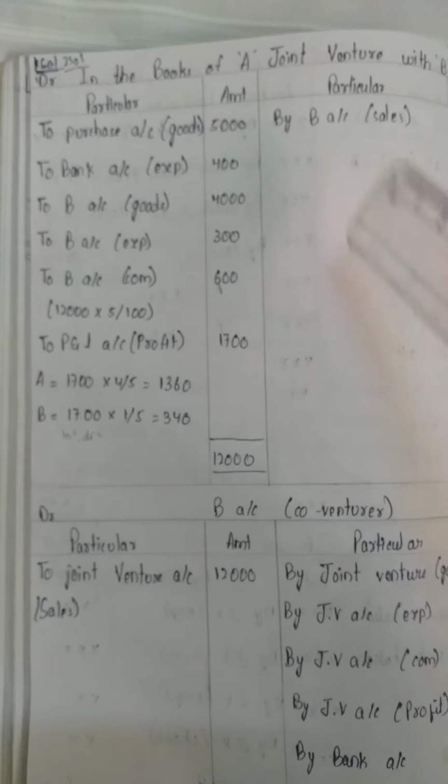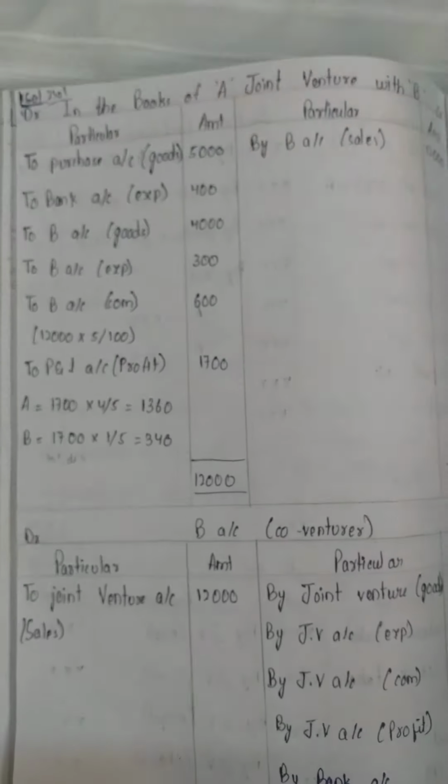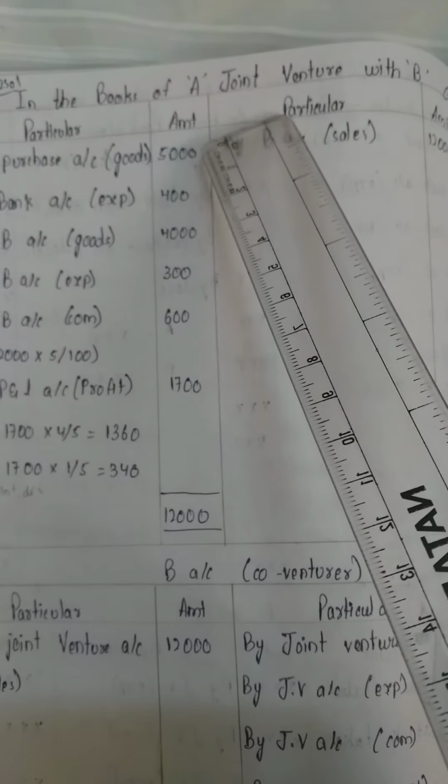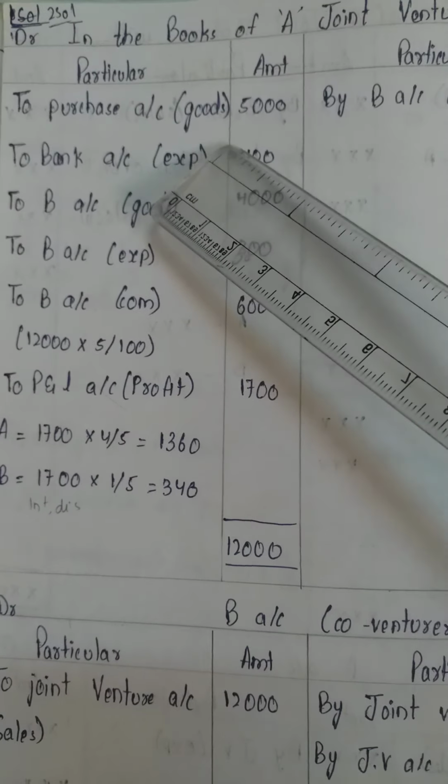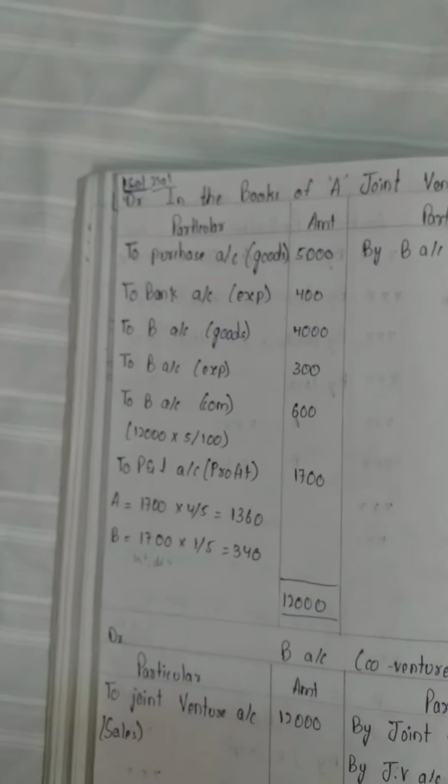This is the solution. Pro forma, debit, credit, in the books of A, joint venture with B, particulars, amount. To purchase account, goods, how much we have purchased: 5,000 amount of goods we have purchased.